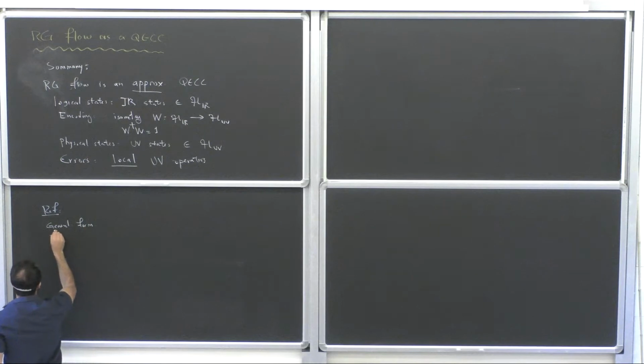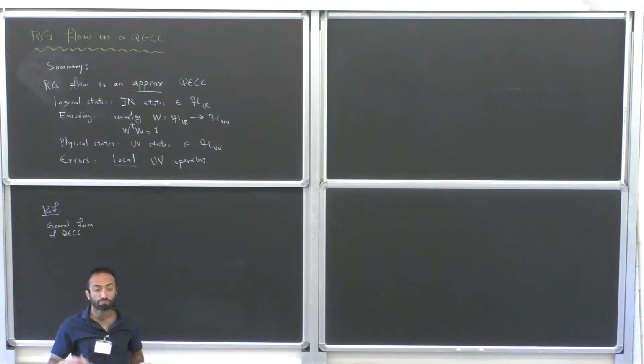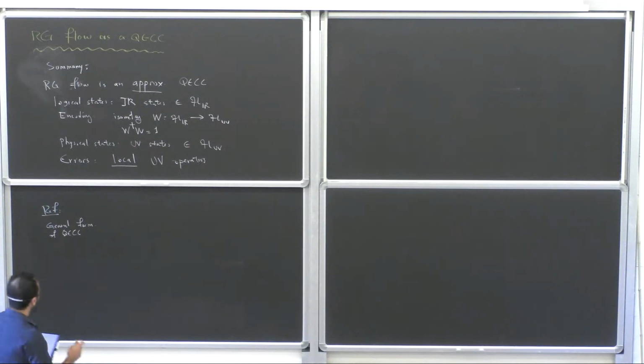The general formalism of quantum error correction code is usually formulated for qubits and finite quantum systems, but it could be easily generalized to any quantum system, infinite dimensional or not. Or said differently, it could be generalized to von Neumann algebras. This was known to mathematical physicists from the 80s, from the work of Petz.